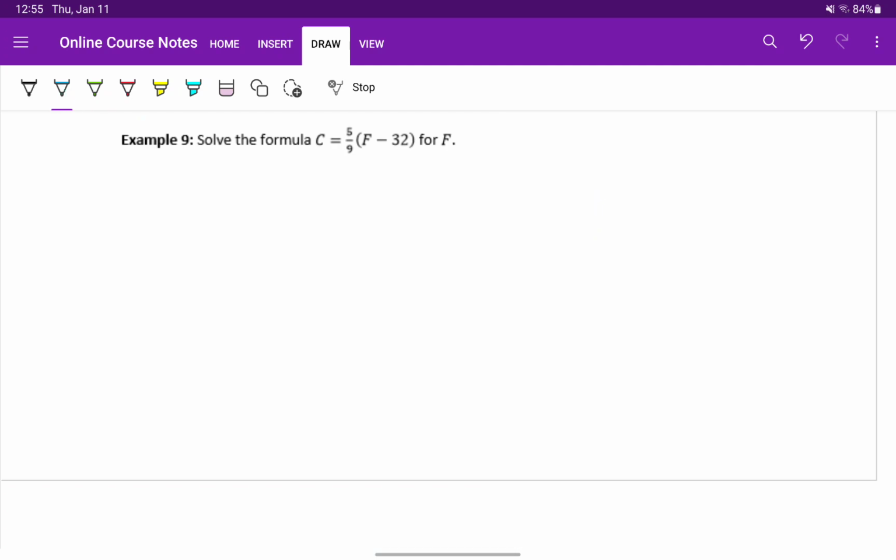In example 9, things get a little bit more challenging because now we have a more complicated expression, but we can still get through this pretty quickly. First, we'll rewrite this the same way we did the others, identifying that variable that we want to solve for.